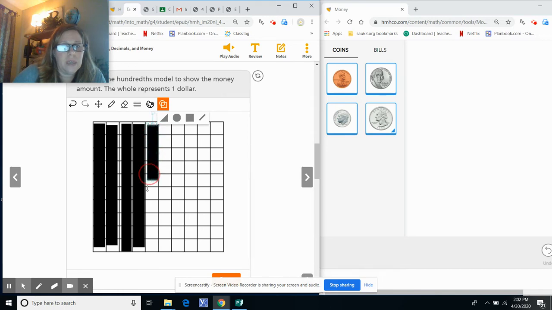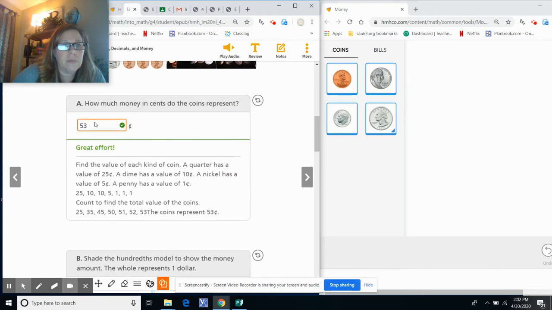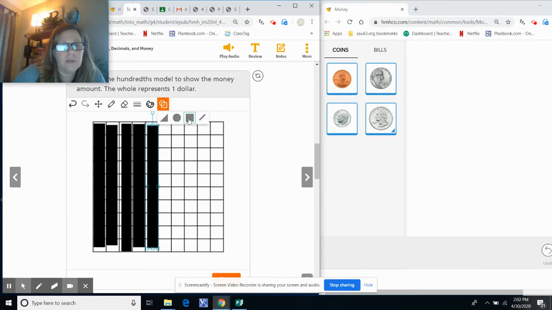So here's 50, but it's not 50, it's actually 53. So remember, we're trying to represent 53 on the hundreds. So let's fill in 3 more. 1, 2, 3.